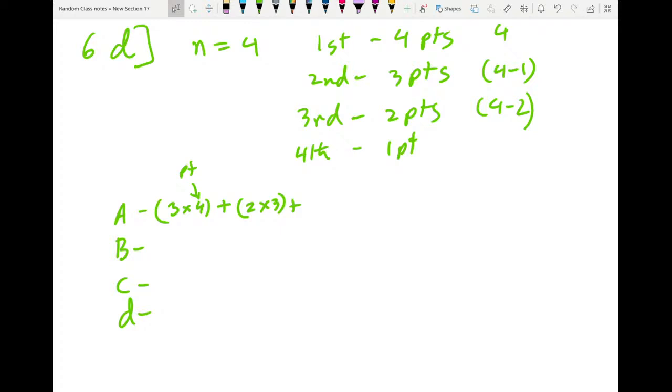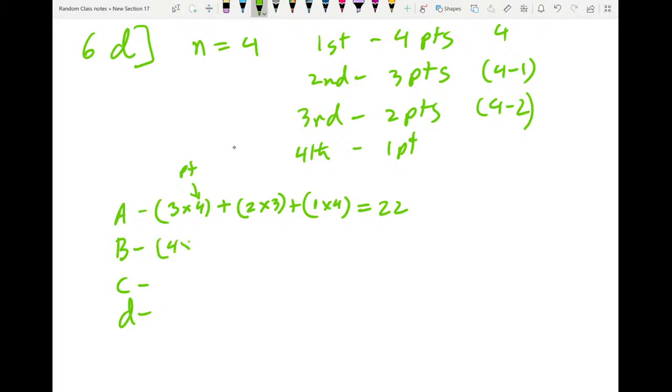How many last place votes? 1 times 1. So let's add the numbers. 3 times 4 plus 2 times 3 plus 1. We got 22 points.